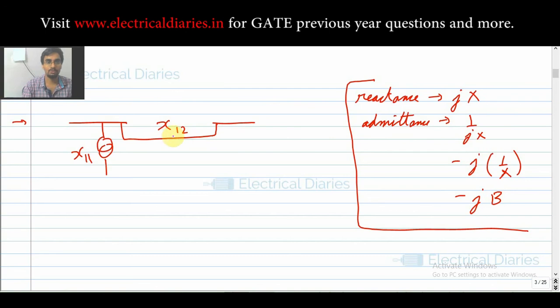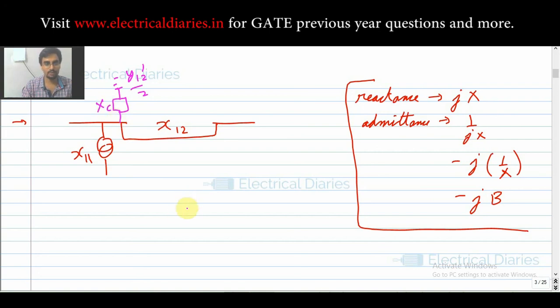Now I have told you that you are also given the capacitance of the line. If it is given, you will take it in this fashion, that is, this will be y12 dash by 2. And they didn't give you the capacitance admittance directly, they give you the capacitive reactance, like they gave you xc.